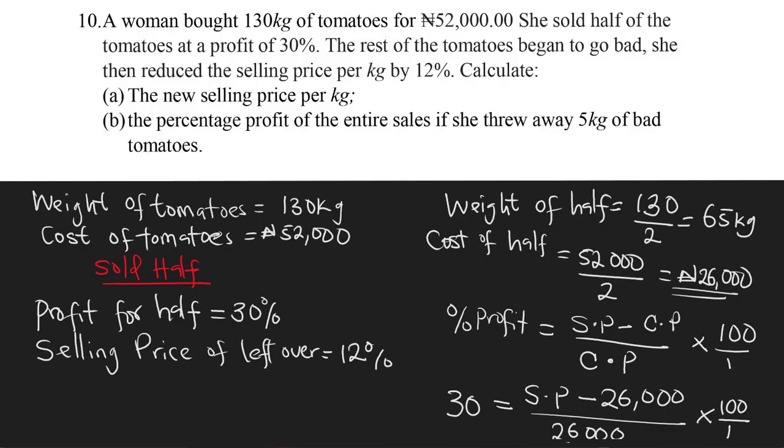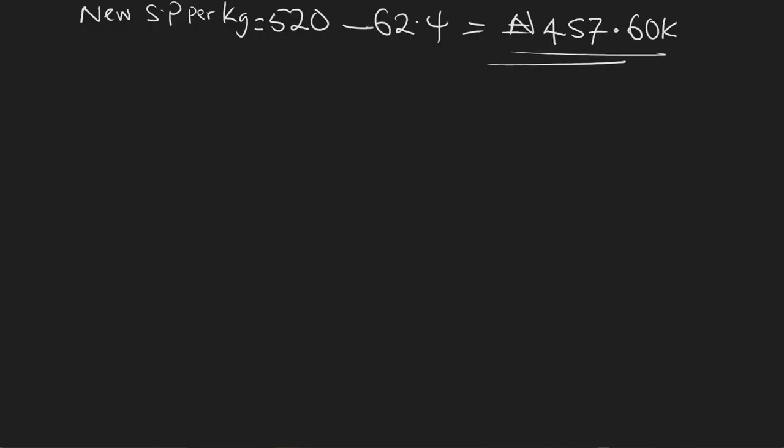All right, question B. The B part says that we should find the percentage profit of the entire sales if she threw away 5 kg of bad tomatoes. So now, how are we going to go about this? You know that 5 kg is bad, is thrown away. So if 5 kg is thrown away, how many kg will be left?